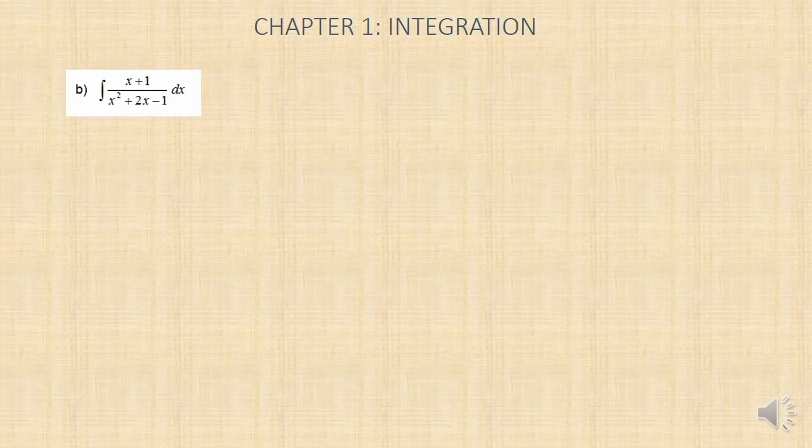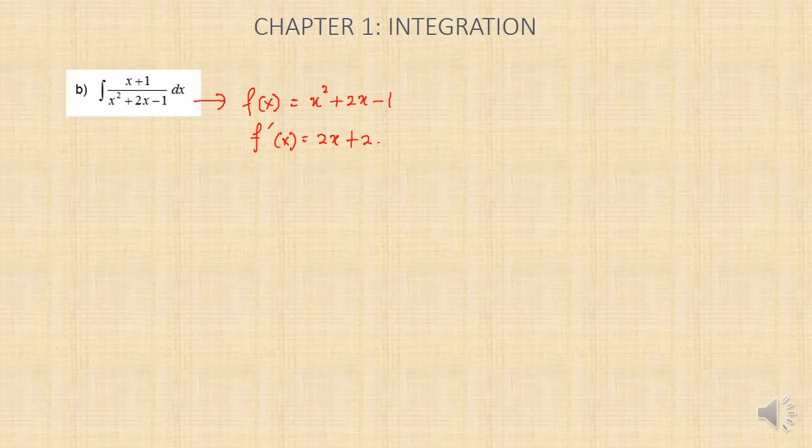Okay, for example B, we have the integration of x plus 1 over x squared plus 2x minus 1 dx. For the numerator, when we have fx as the denominator x squared plus 2x minus 1, and we differentiate fx, we have 2x plus 2.